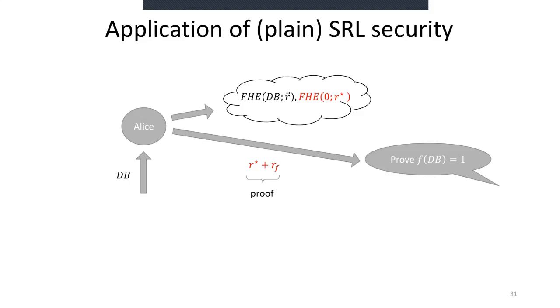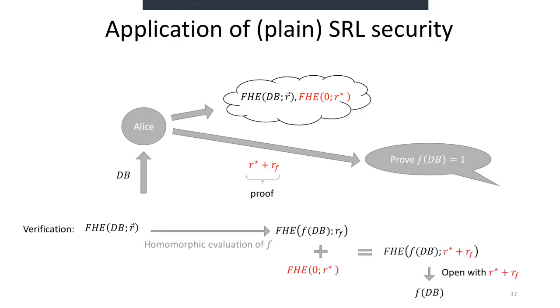Everybody can publicly verify this proof, just like so. Take the huge FHE encryption of the database from the sky, homomorphically evaluate the function f, add the FHE encryption of 0. And what you get is an FHE encryption of this under this randomness, by randomness homomorphism of the FHE.